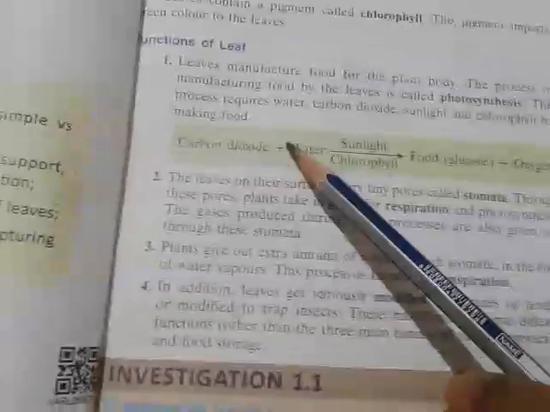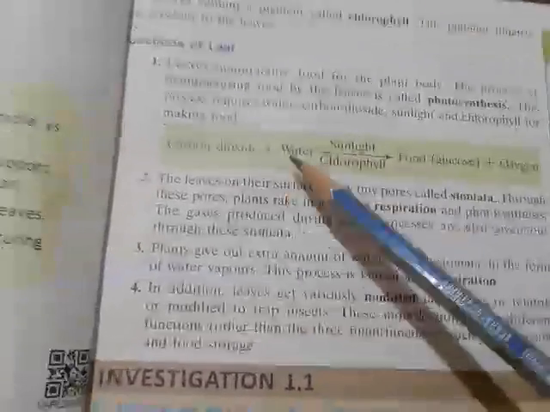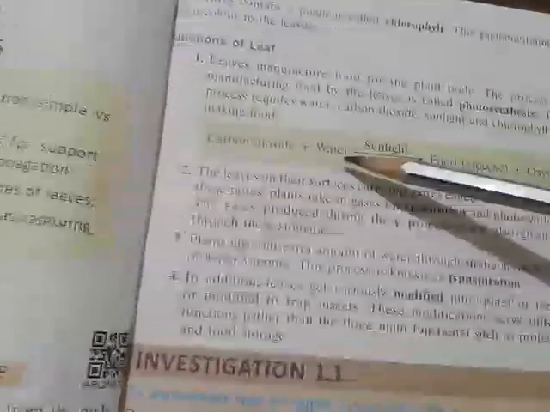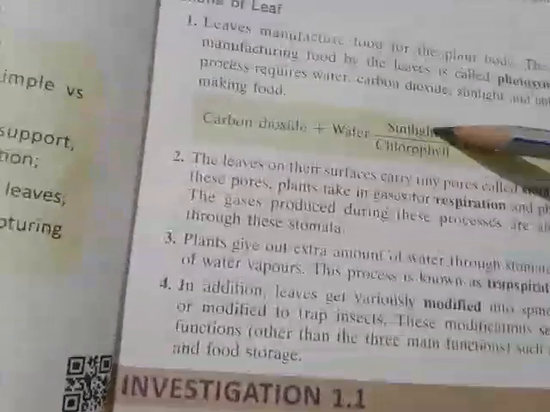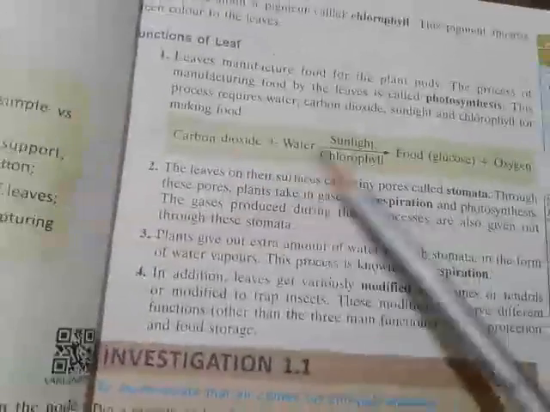Whenever these four are there, that is carbon dioxide, water, sunlight, chlorophyll, these are the essential things for the production of glucose and oxygen. Whatever oxygen we are getting from our environment is because of photosynthesis.